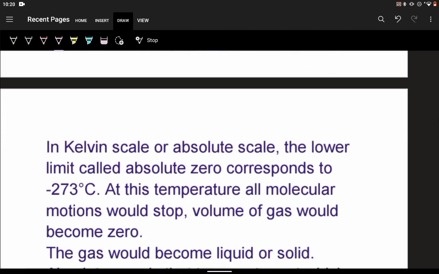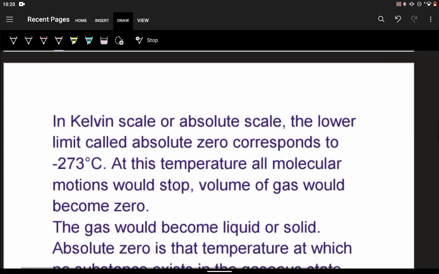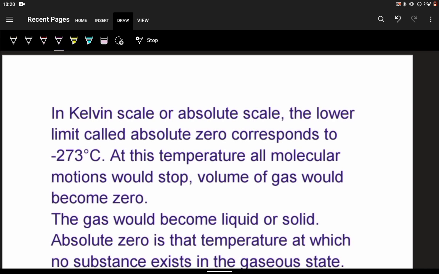Now in the Kelvin scale or absolute scale, the lower limit is called absolute 0, and this corresponds to minus 273 degree C. It is found that at this temperature all molecular motions stop.